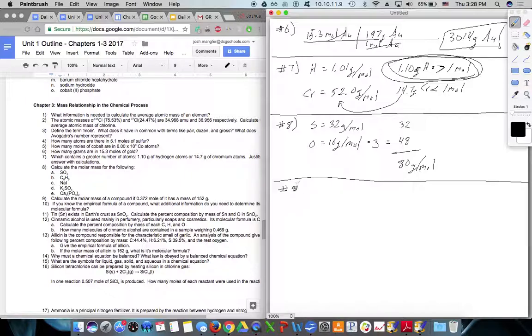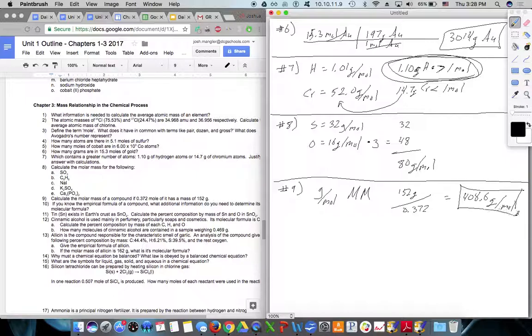Here's our number 9. So grams per mole is the definition of molar mass. So in order to figure out molecular mass, you need the mass, you need the moles. Just divide. So we have 152 grams divided by 0.372 moles gets us a big number, 408.6 grams per mole.